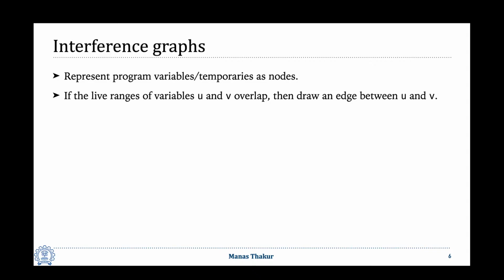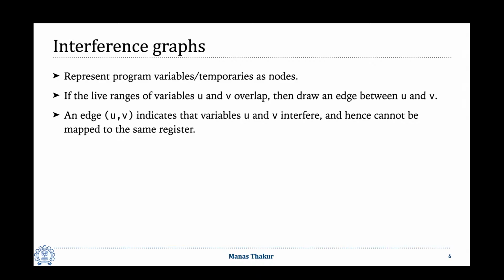So an edge denotes interference, right? So if there is an edge between two nodes representing variables u and v, they cannot be mapped to the same register, right?